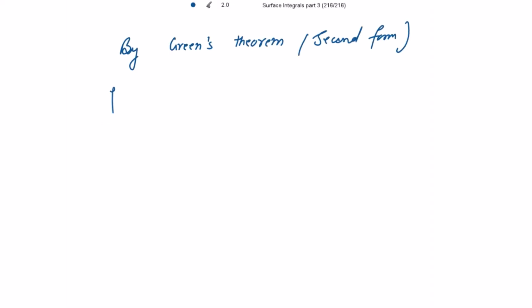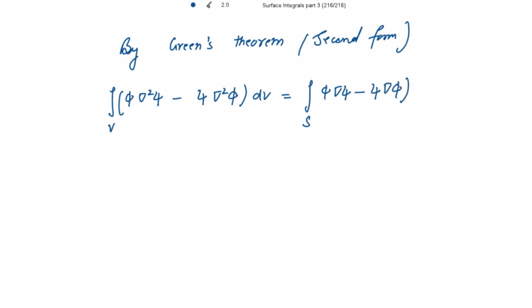We have the volume integral of phi del square xi minus xi del square phi, right, dv, and it is equal to the surface integral of phi del xi minus xi del phi, having the dot product with n vector ds.